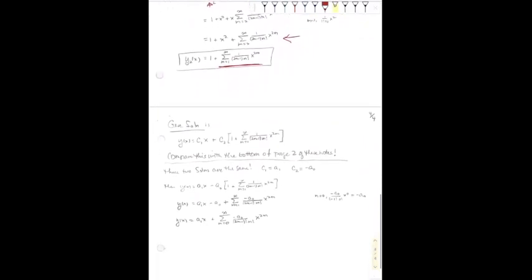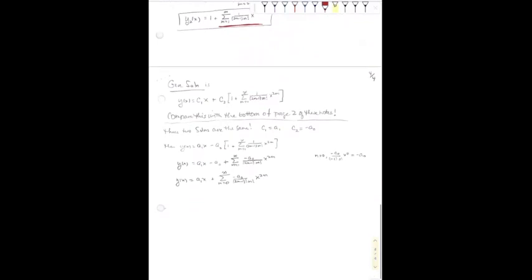Now that I've got a y2, I recognize that my general solution via reduction of order is that. So I have a constant times x here, and then another arbitrary constant times this series looking thing.